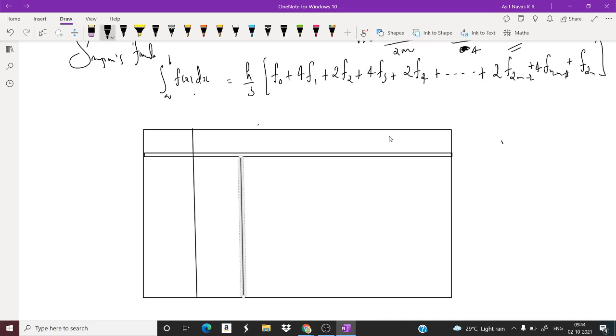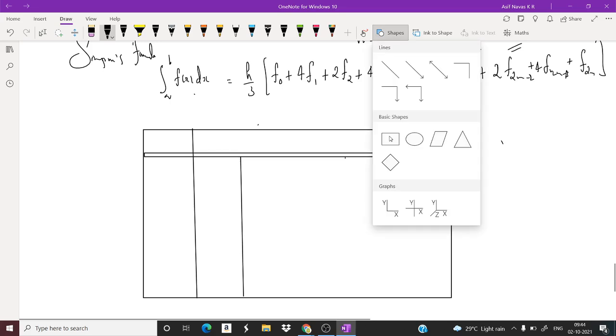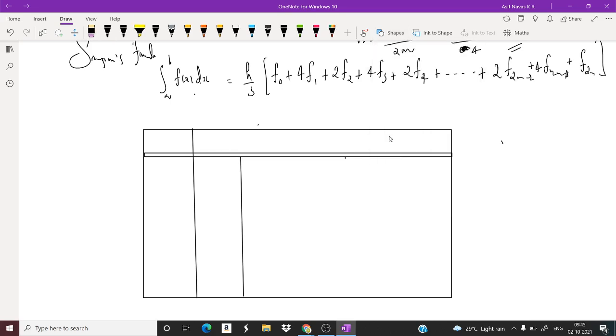First, this is x terms and this is f of x equal to x e raised to minus x square. Now the first value is 0 to 0.4.